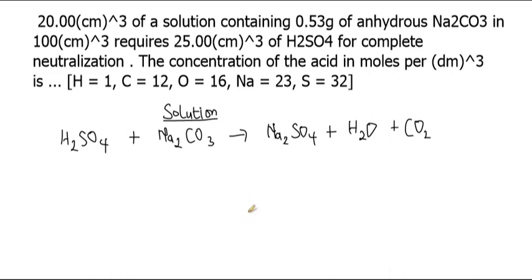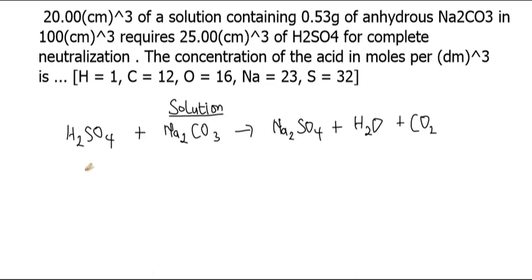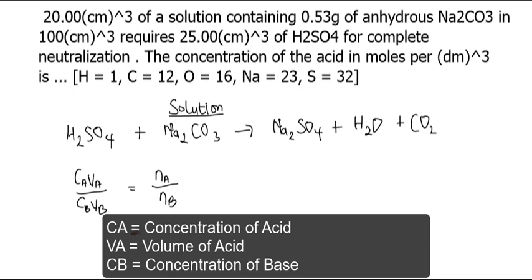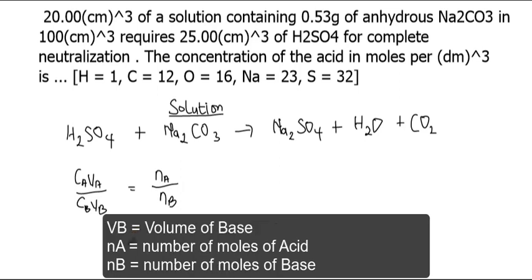For any question that has to do with neutralization or titration, the formula is CAVA over CBVB equals NA over NB, where CA is the concentration of acid used, VA is the volume of acid used, CB is the concentration of base, VB is the volume of base, NA is the number of moles of acid, and NB is the number of moles of base.